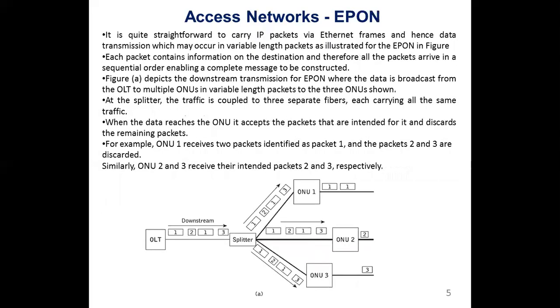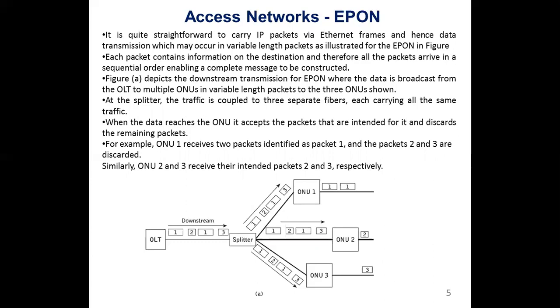The EPON structure is shown in the diagram, and it is able to carry the IP packets via Ethernet frames, and therefore data transmission can occur in variable length packets. Each packet will carry some information of the destination, and hence all packets will arrive in sequential order, okay? And the complete message can then be constructed.